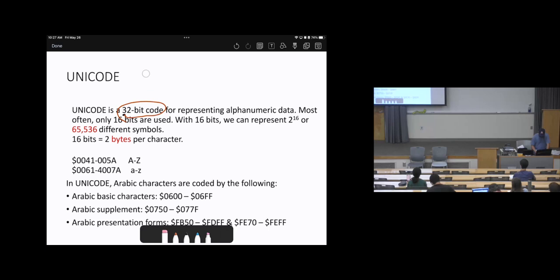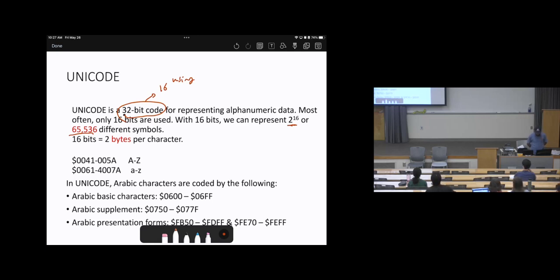Let me explain again. We have 32 bits codes, but we are actually using 16, and we have the other 16 as a backup. So 2 power 16 will be 65,536 different symbols. So it can handle a lot of stuff. The other 16 bits are still not used, or we can use them later in the future for our references.